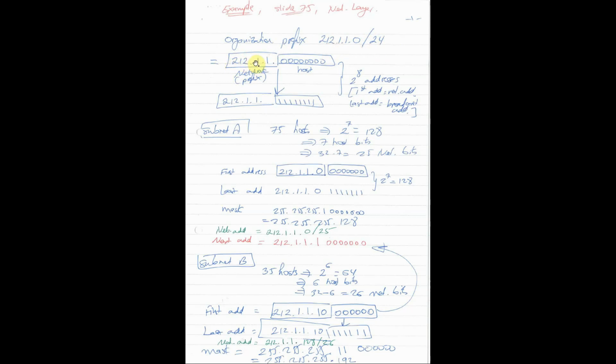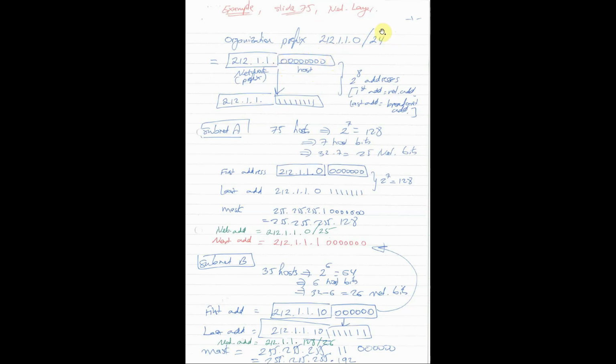So 212.1.1 is the network ID, the 24-bit prefix, because the prefix length is given to be 24, which implies that the suffix representing the host ID is 8 bits, so that we can enumerate the full range of IP addresses. It is very useful that we convert it into binary. If you want to go in a systematic way, we convert the IP address into binary, and then we observe what the host bits are.